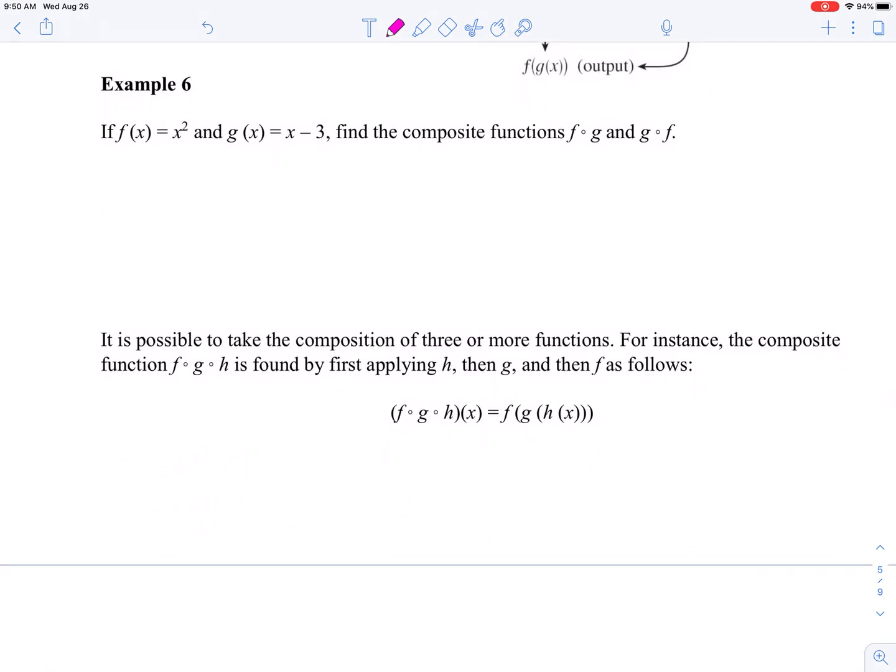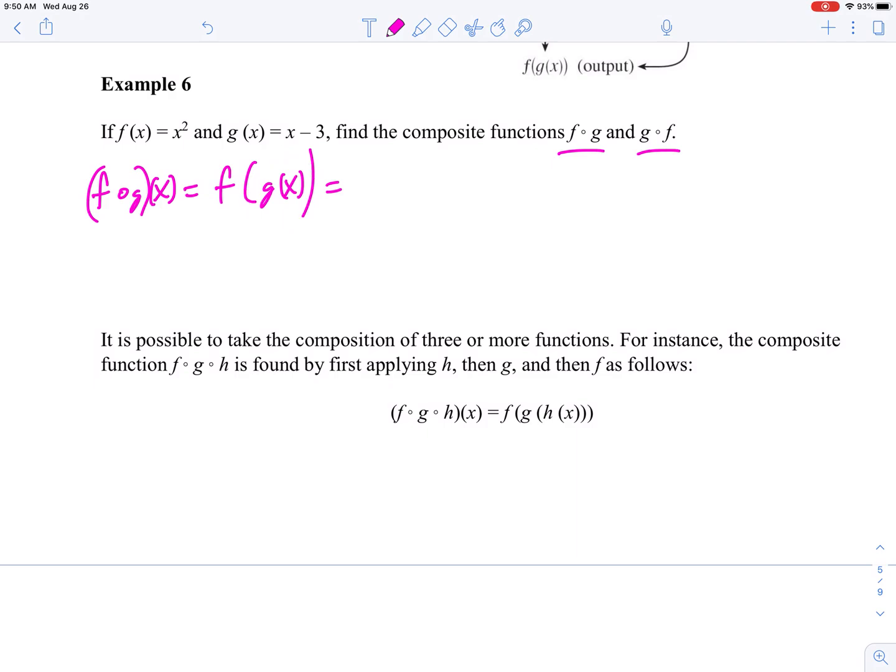All right, example here: if f of x equals x squared and g of x equals x minus 3, they want us to find f of g and g of f. In these composed functions, remember that the symbol is not multiplication, it's composition, and we have to follow the right order. So what we're trying to find is f of g of x, which means take the g function and plug it into the f function, right?